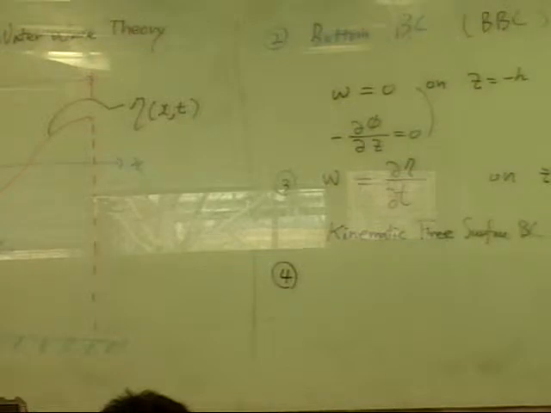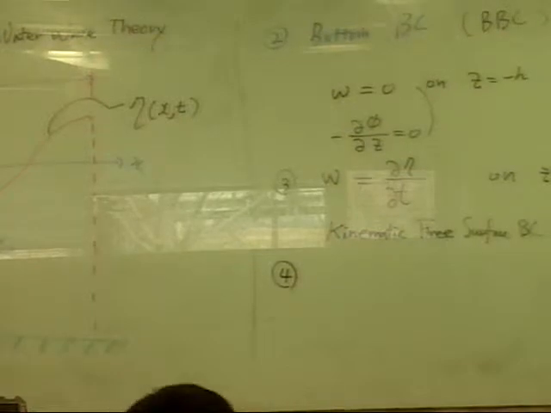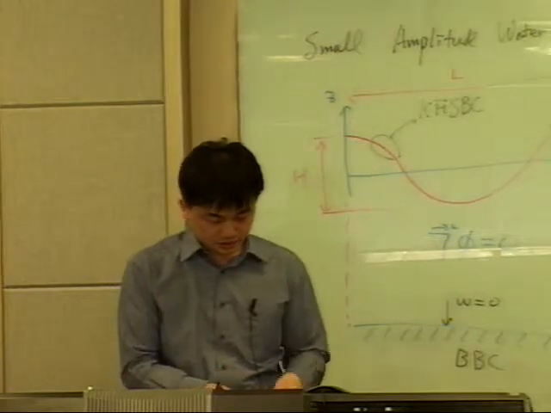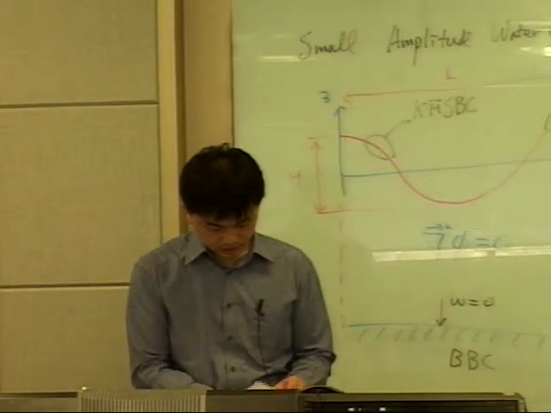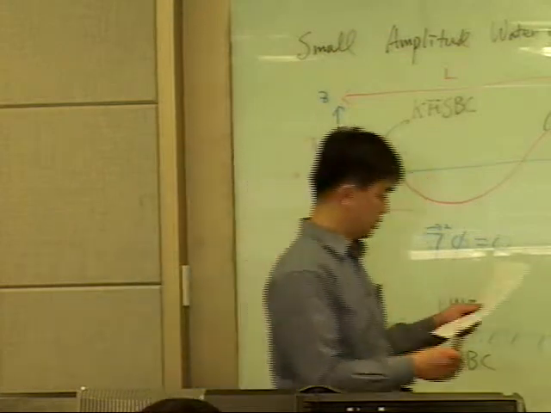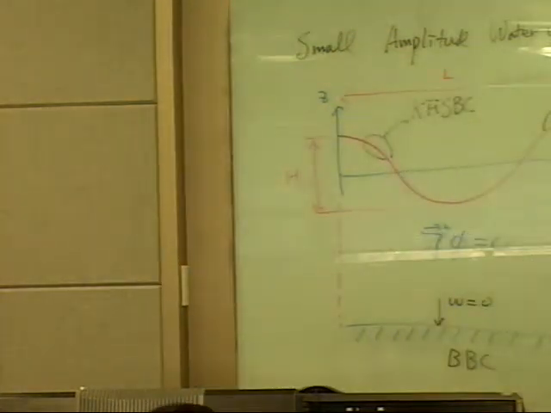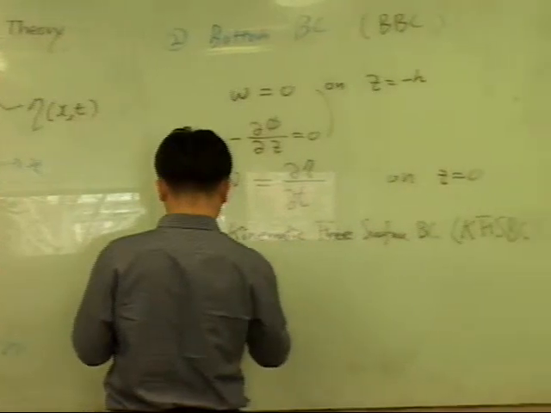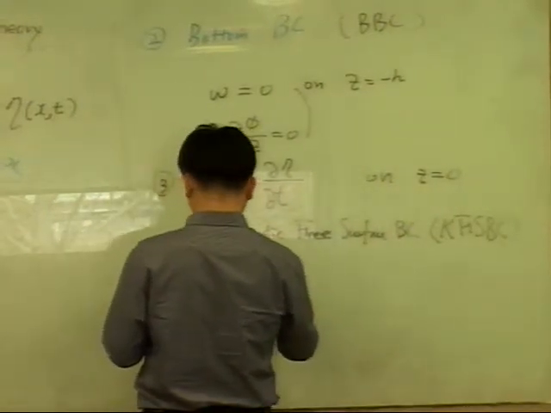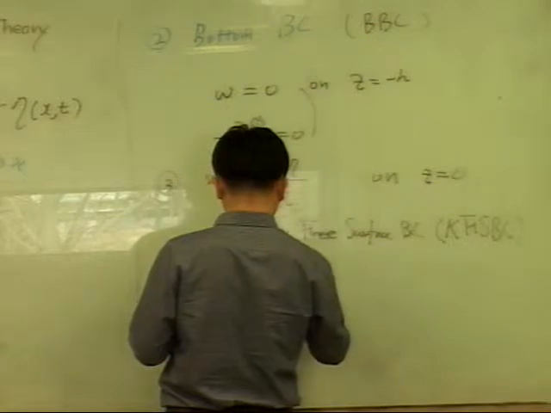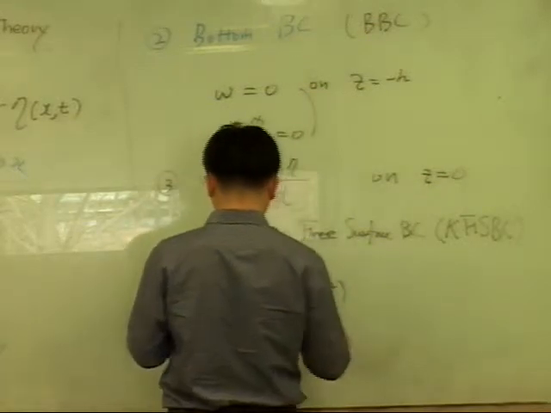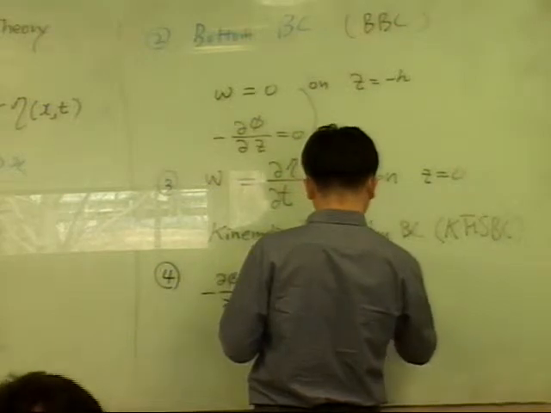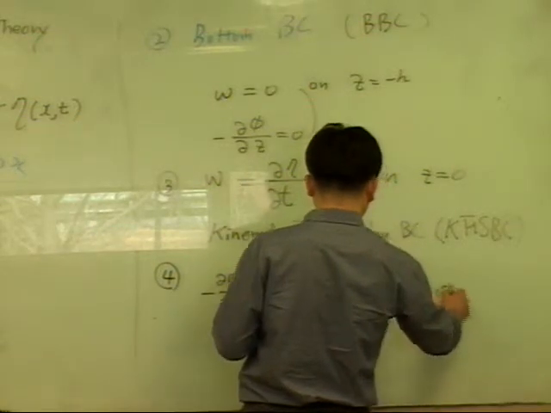What was the Bernoulli equation? Bernoulli equation was, plus gg equals 0.